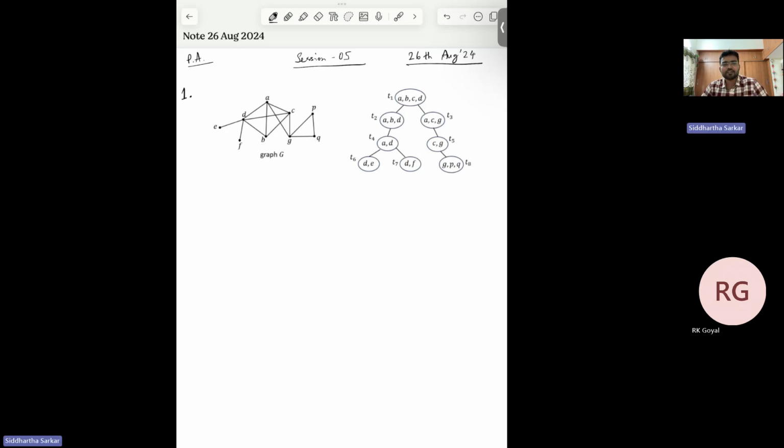First, I'll write the definition of tree decomposition. So you have a graph and you generate this tree from this graph. So this is a valid tree decomposition of this graph. And a tree decomposition is valid if I'll write it down, the tree decomposition has the following properties.